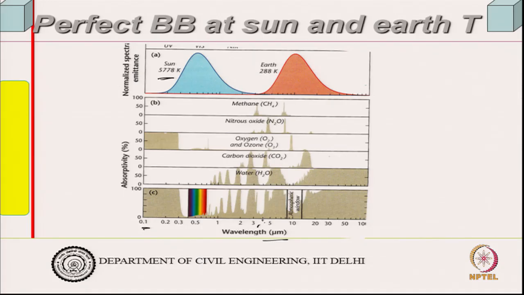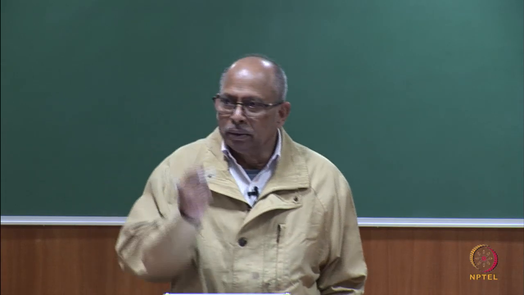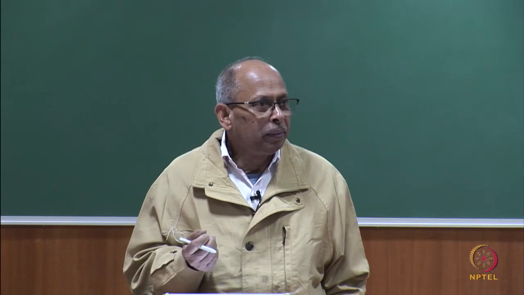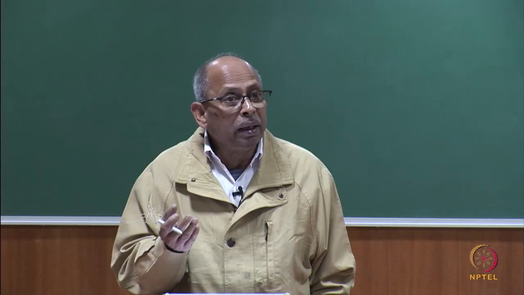So, from 0.1 to this, this is a spectrum, and this is of the earth, because the quality of radiation, or the wavelength of the radiation, is a function of the temperature at which the body radiates, right. For example, you can understand this very easily. You take iron and heat it up to the temperature when it becomes red hot, and further heating it will turn it white.